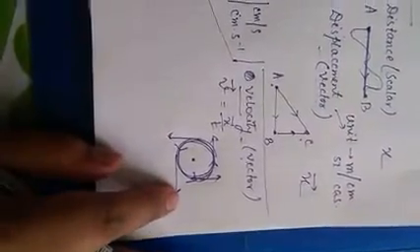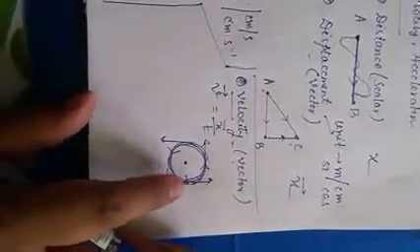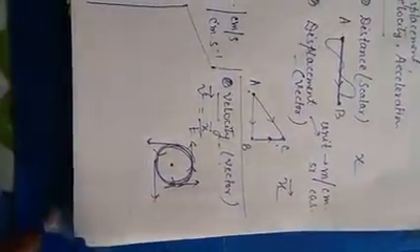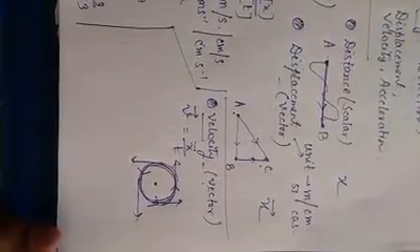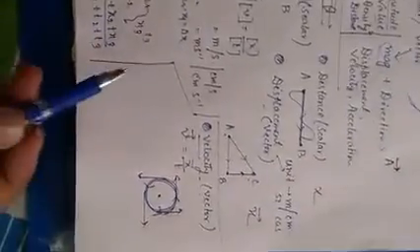So its velocity is different, because velocity is a vector quantity, and when it changes direction, it is also changing the velocity, because velocity depends upon direction plus the value. So maybe its values are the same, but the directions are different, so the velocity will be different. Is it clear? It is very important to know the difference between speed and velocity. That is an important topic.